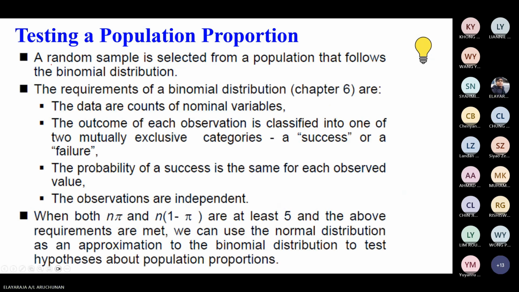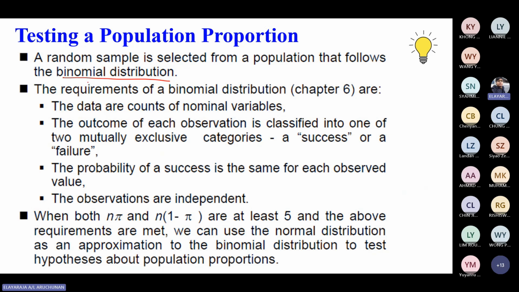The random sample is selected from a population that follows the binomial distribution. You should remember this. We already did a very detailed discussion in the previous lecture.